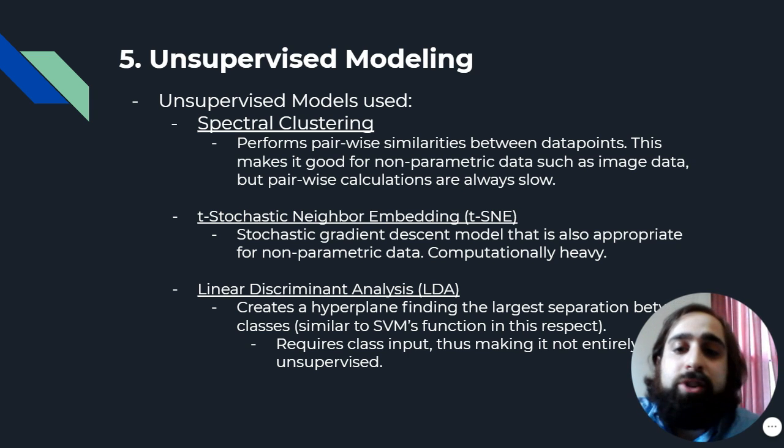So before actually jumping into the supervised modeling, I wanted to gain some information about the data set. I wanted to see how clusters would be made in between the various classes. Out of all the clustering algorithms that are out there, spectral clustering is probably the best to use for image data.